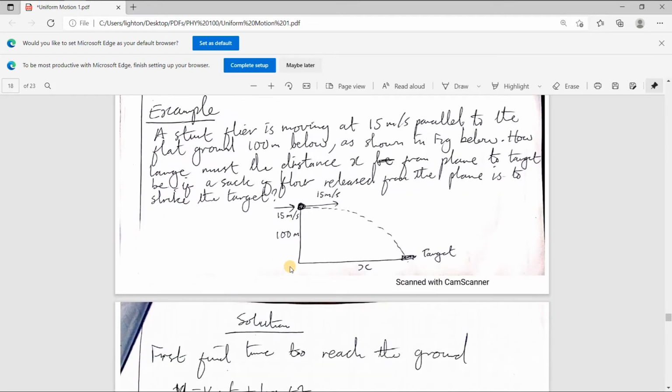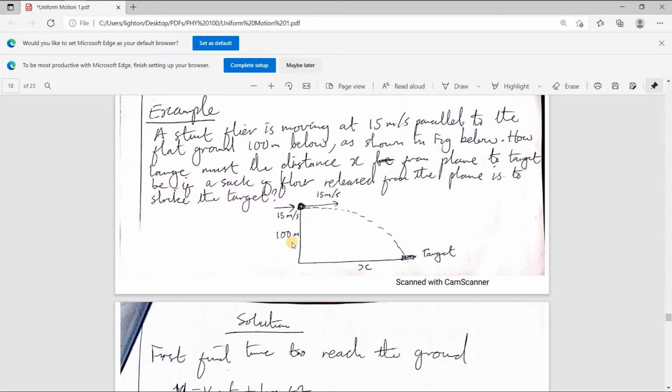All right, now let's look at another example for a stunt flyer moving at 15 meters per second. Okay, so this is a stunt flyer moving at 15 meters per second parallel to the flat ground. So this stunt flyer is moving parallel to this ground here.